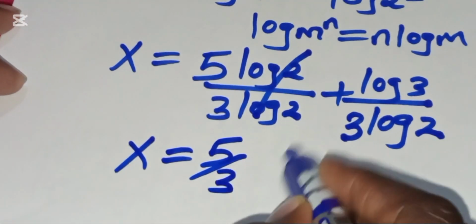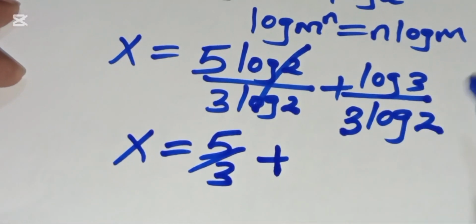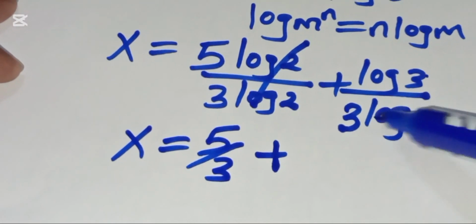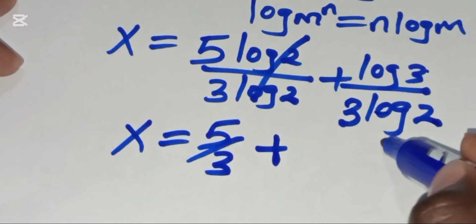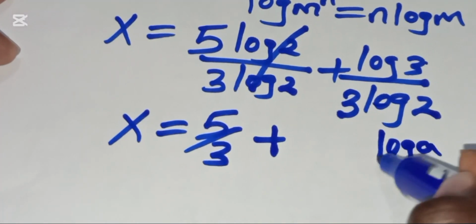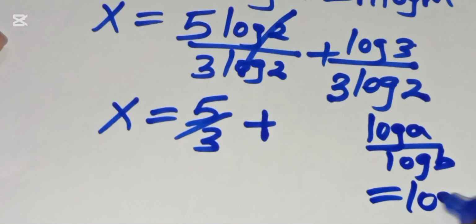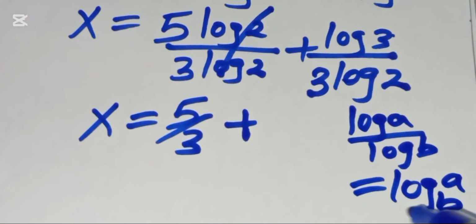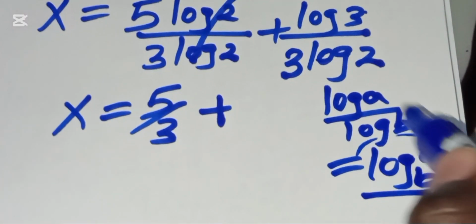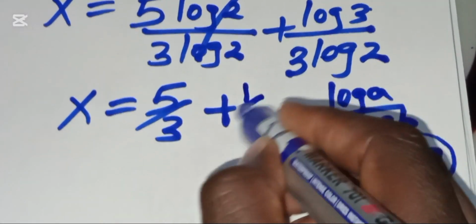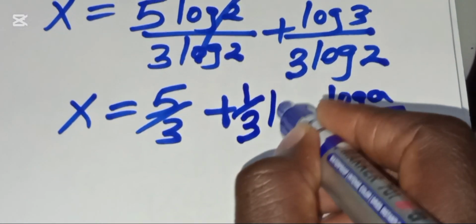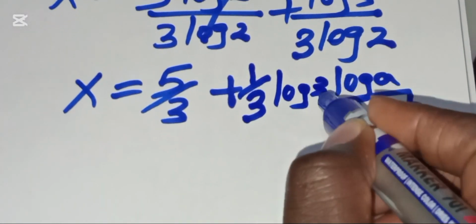Now this is log 3 divided by log 2, which is in the form of log a divided by log b, and we can write this as log a to base b. So let's apply this property. We're going to have a third log 3 to base 2.